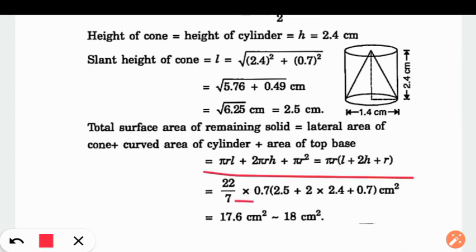After putting all the values, the answer will be 17.6, and according to the question, the nearest whole number after 17.6 is 18 centimeter square. So this is the answer.